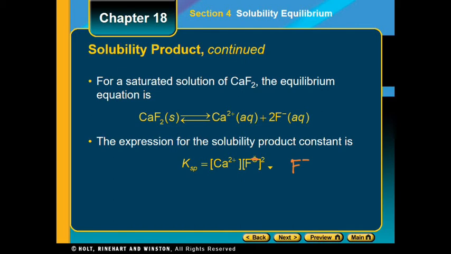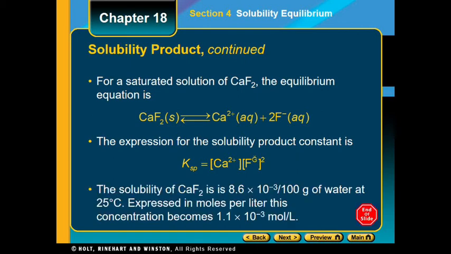If you were to put in numbers for this particular one, the solubility is given here per 100 grams of water, and it is expressed with a concentration of 1.1 times 10 to the negative 3 moles per liter. So moles per liter is going to be what we're using for molarity, or our concentration. And we will come back to this example, how you actually use the numbers that you see represented here and what we're going to do with them.